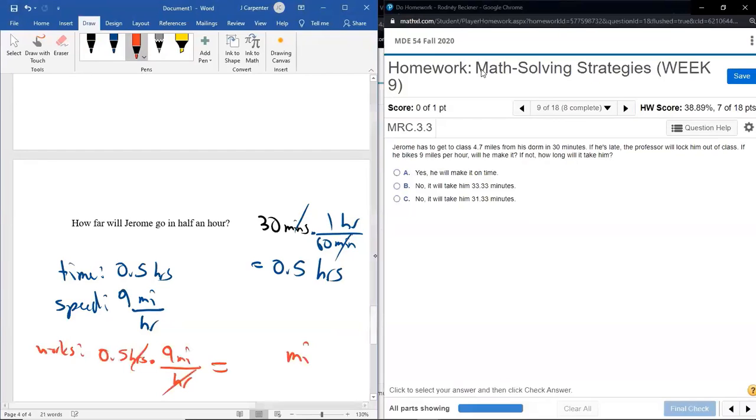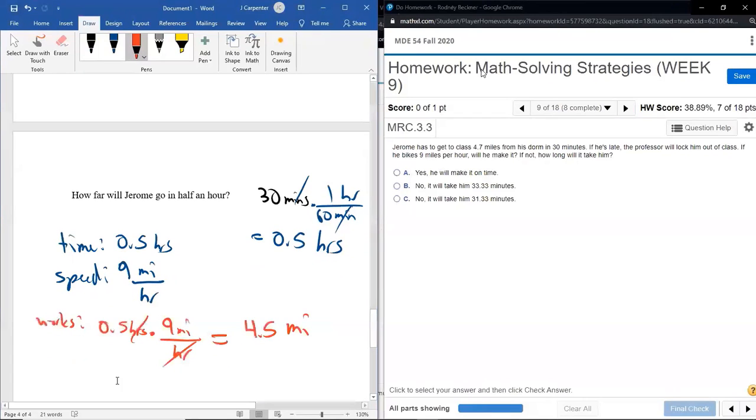You're only left with miles, which is a distance, and that's what we're trying to compare it to. So this is a good sign. 0.5 times 9 is 4.5. So in that half an hour, he can go 4.5 miles. Jerome can go 4.5 miles in 30 minutes.